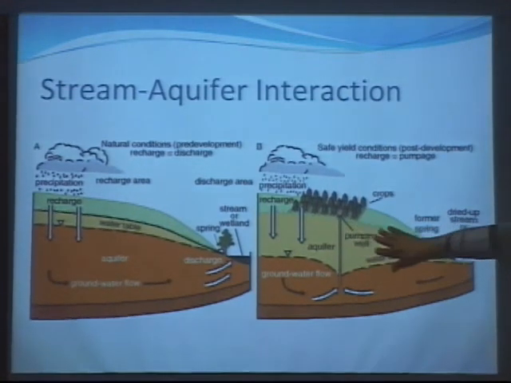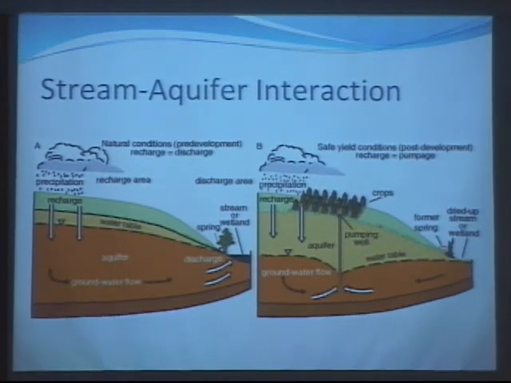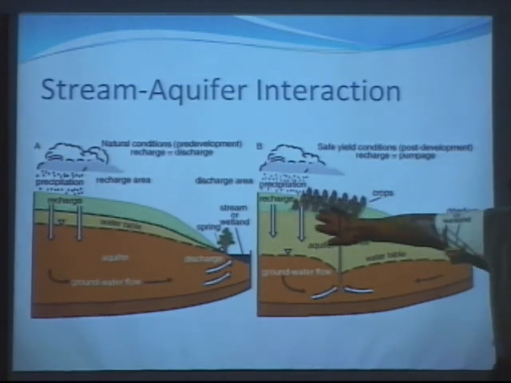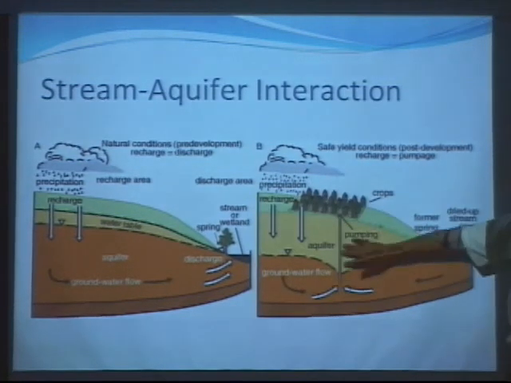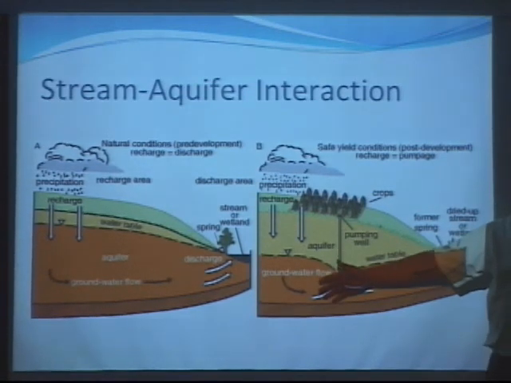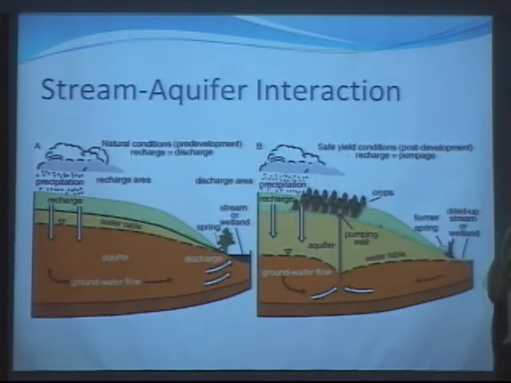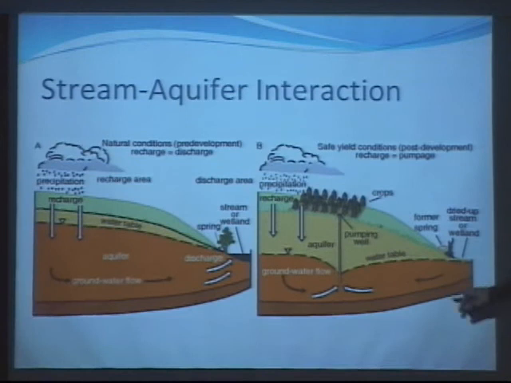Okay, so now we've got the situation after we've had pumping, a lot of groundwater development for many years. And so we have crops, you still have the precipitation and recharge, but over time, by pumping greater quantities of water, the water table is continuing to drop. Now, if you keep recharge equal to the amount that's coming out of the pump, it will stay steady. But if this has gone on long enough, the water table has dropped below the bottom of the stream channels.